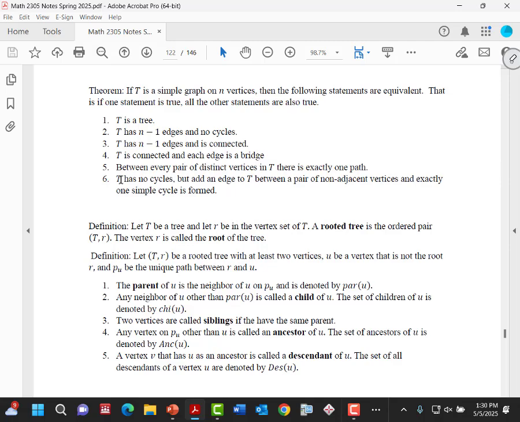Lastly, if the graph has no cycles, but adding an edge to T between a pair of non-adjacent vertices forms exactly one simple cycle, then the graph is a tree. So all of these are equivalent. So if you have one, then you get the others for free, more or less.